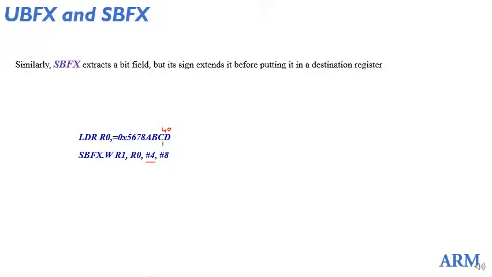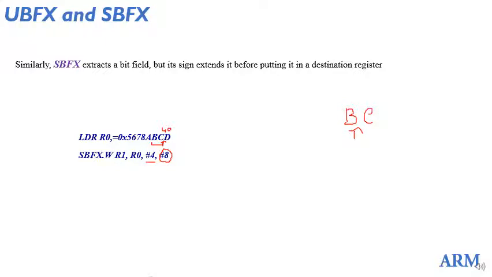So starting from this location, starting from this digit, you have to extract number of bits equal to the #8, #width, that is 8 here. So 8 bits will correspond to 2 digits of hex. So you have to extract BC into R1.